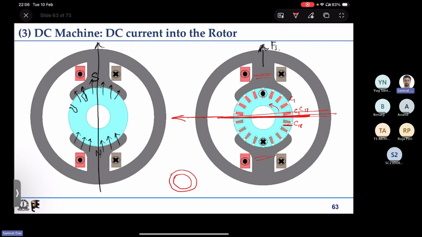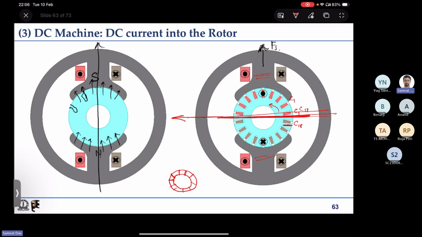You have something situated on the shaft itself, some ring like this, a segmented ring, and all these lines that I have indicated are insulation. That is, two subsequent segments are disconnected from each other.